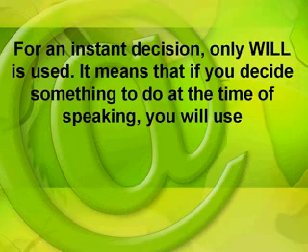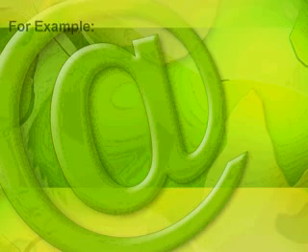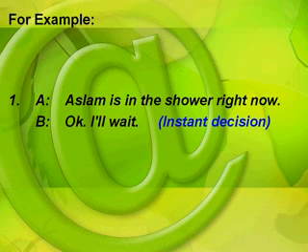Now, for an instant decision, only will is used. It means that if you decide something to do at the time of speaking, you will use will and not be going to for such decision. For example, A: Aslam is in the shower right now. B: Okay, I'll wait.